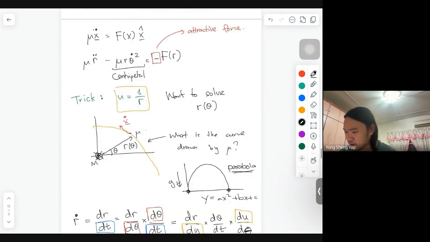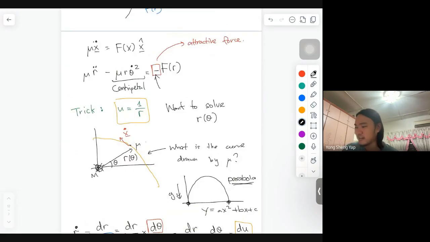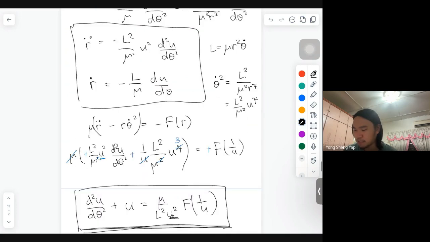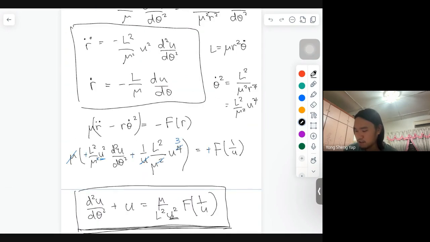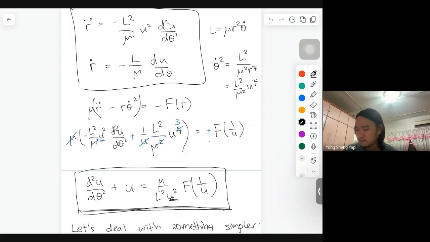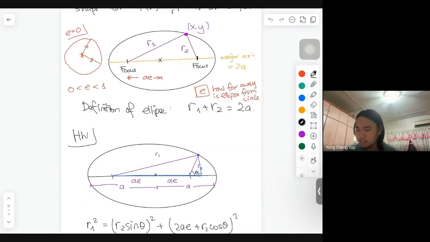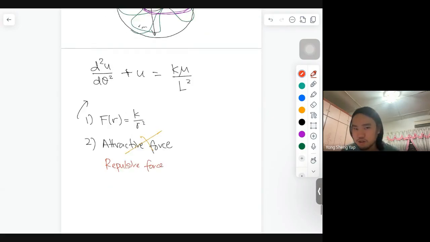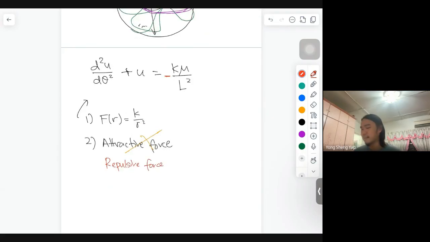Okay, it was here where we take the minus sign. The minus sign in the end was canceled out from everything else, but we had this minus sign over here, which we cancel out here. Okay, so let's think of the possibility that we don't have an attractive force, but instead a repulsive force. What that does is give a minus sign here in the equation of motion.